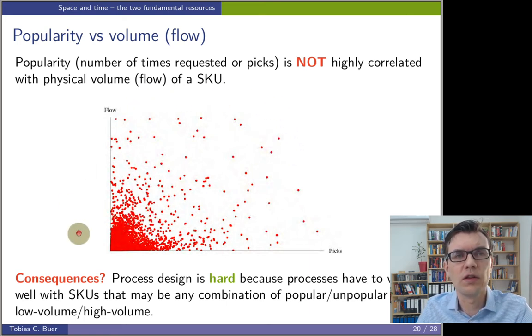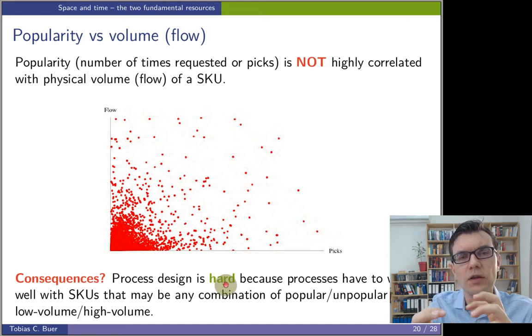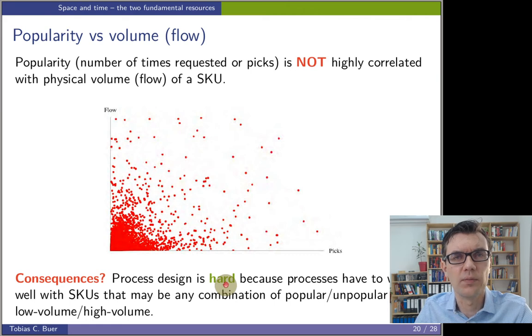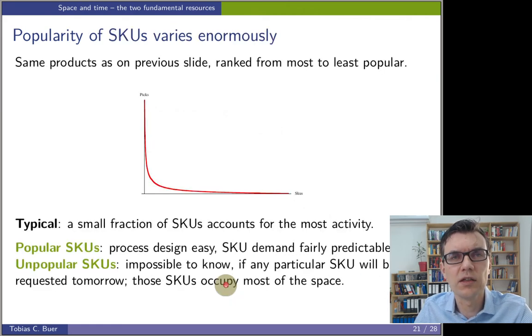So what you see from this picture is that there is very little correlation between popular or unpopular products and products that have a very high flow or a very low flow. Therefore, designing the layout of a warehouse is very difficult, because we have to deal with all these different combinations. This will become clearer on the next graphic.